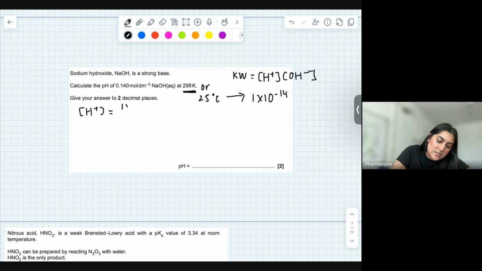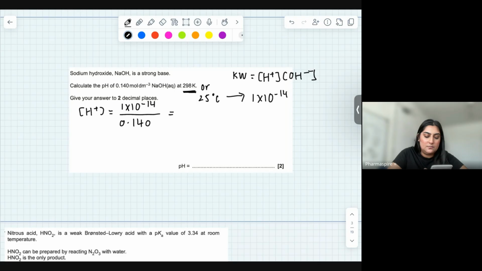So I'm going to do 1 times 10 to the power minus 14, which is my Kw, over 0.14. You get your H+ as 7.14 times 10 to the power minus 14, and do the minus log to the base 10 of that.